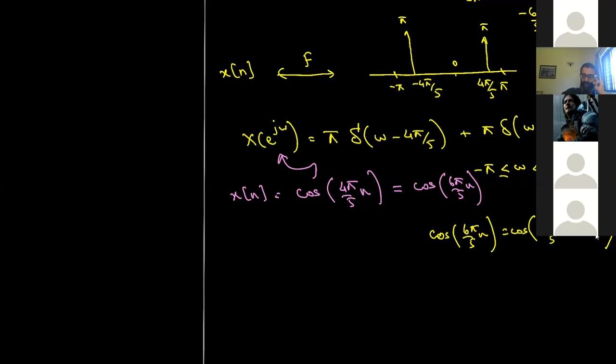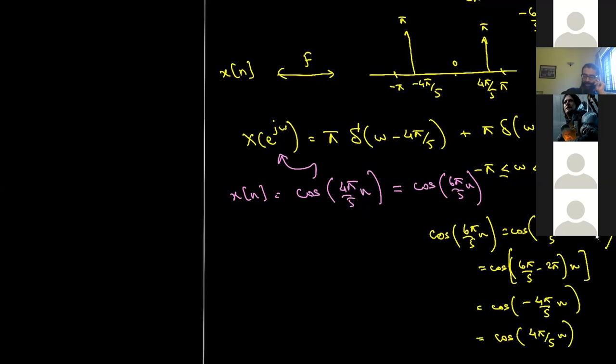And then I can say this is cosine of 6 pi by 5 minus 2 pi times n, right? And this is cosine of minus 4 pi by 5n. And since cosine is an even function, as you just said, cosine minus 4 pi by 5n is cosine plus 4 pi by 5n. Okay, so this is actually true.